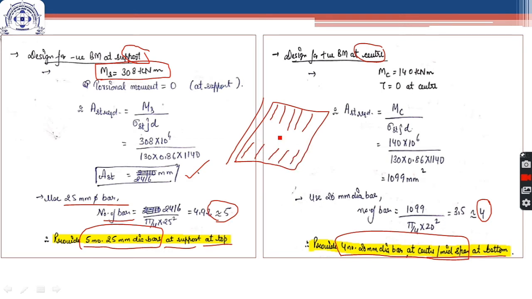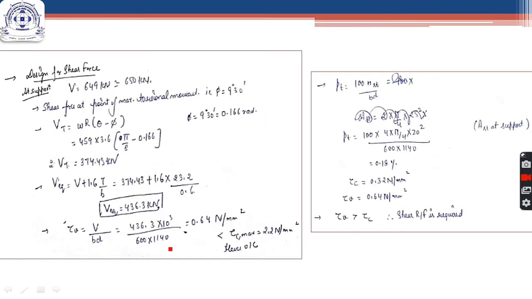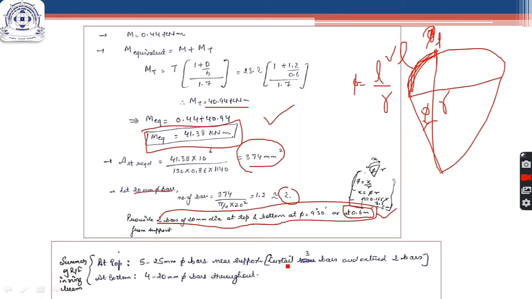And in the middle portion at the top face, there is no requirement of reinforcement because there are no bending moments, but for safety we can extend any 2 bars and curtail 3 bars. So I have written here in this bracket that out of the 5 bars we can curtail 3 bars up to this near the support and extend the 2 bars towards the center for better safety.